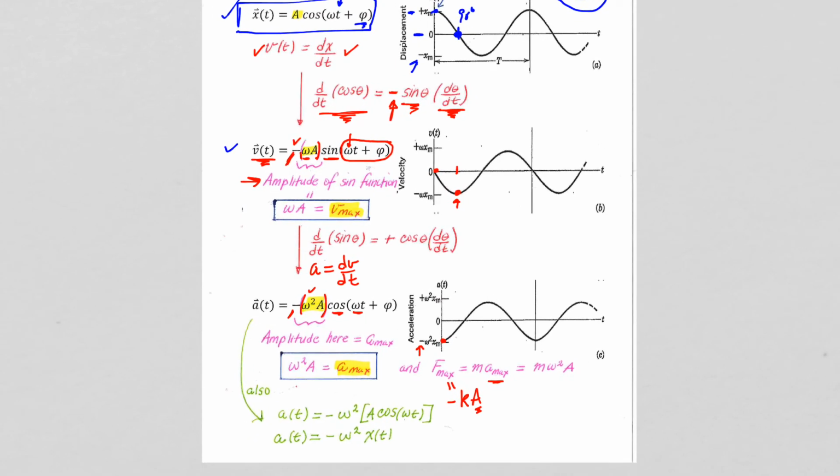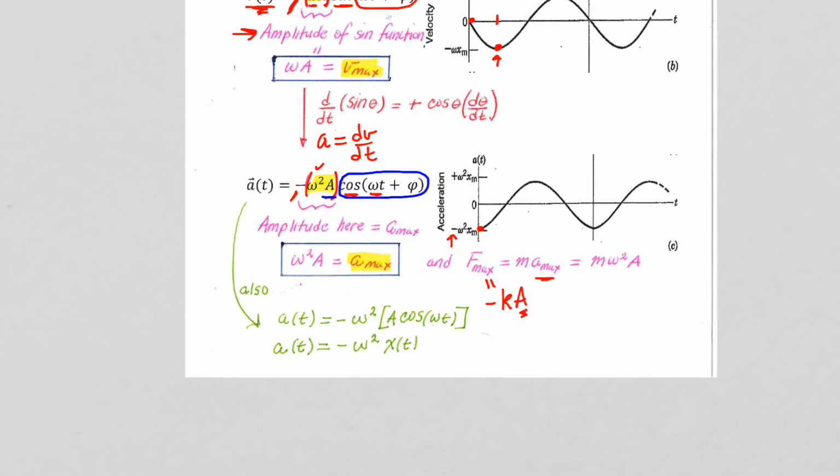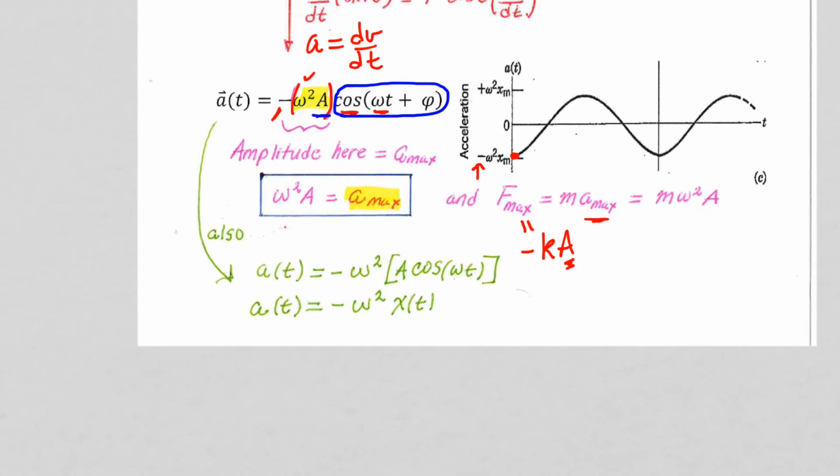We have an A cosine omega t plus phi embedded in there. We have a cosine omega t plus phi and an A, so let me zoom back in now. So A cosine omega t equals x.